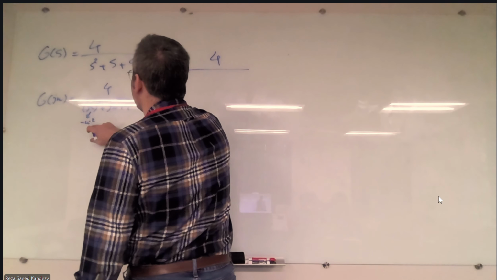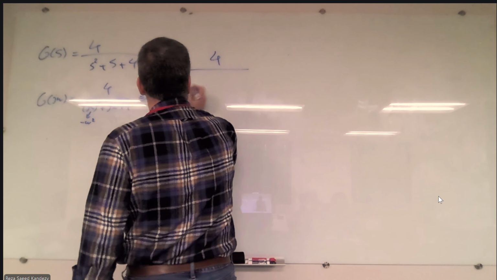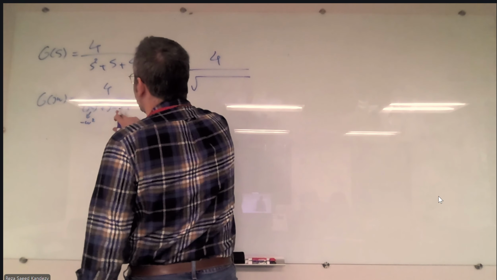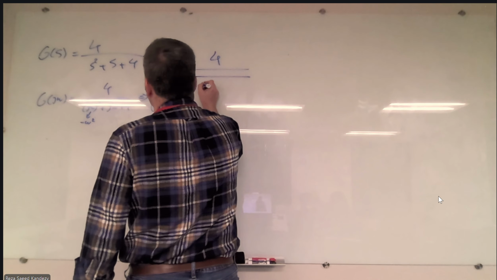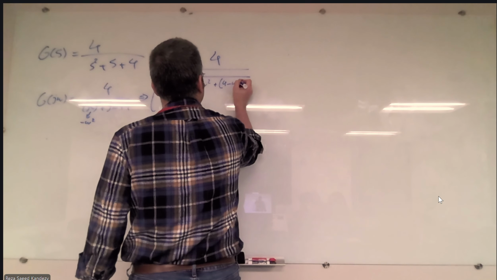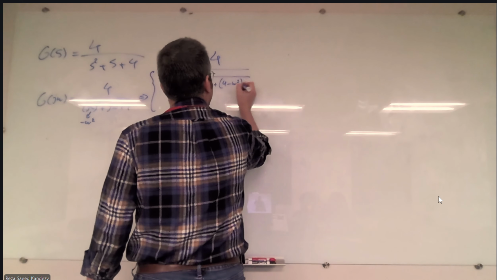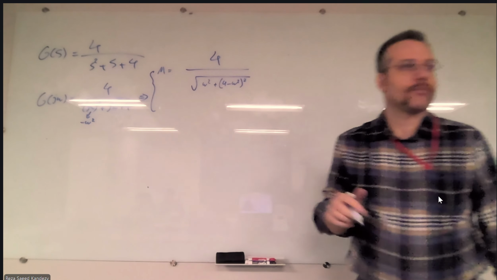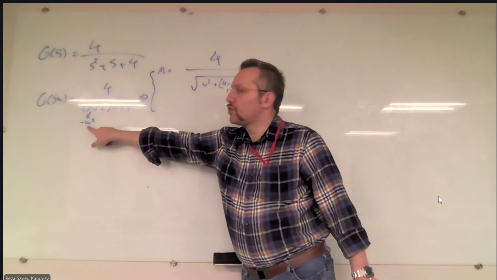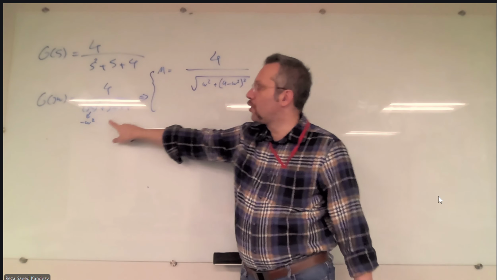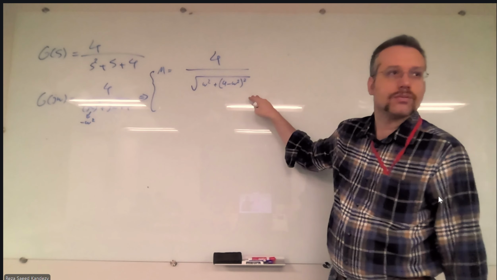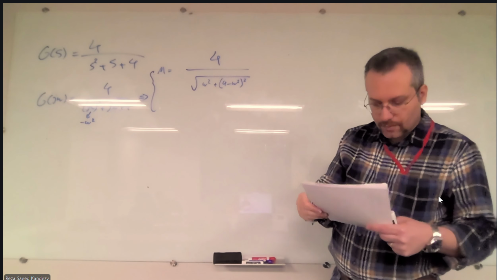The amplitude is going to be the square root of (4 minus omega squared) squared plus omega squared. Is that clear? This is the amplitude of this one. This is minus omega squared, so basically the real part is 4 minus omega squared, and the imaginary part is omega, so this is going to be the amplitude. Are we good?